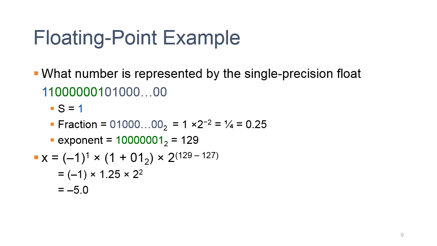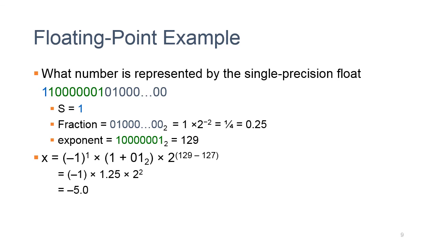As there are all zeros, we have only 1 in this fraction, and it becomes equal to 1 multiplied by 2 to the power -2, which is equal to 0.25. Similarly, we convert our exponent and we get 129, because the binary of 10000001 is equal to 129.